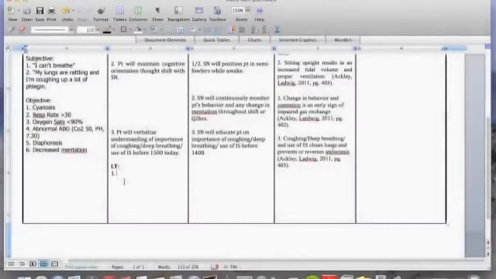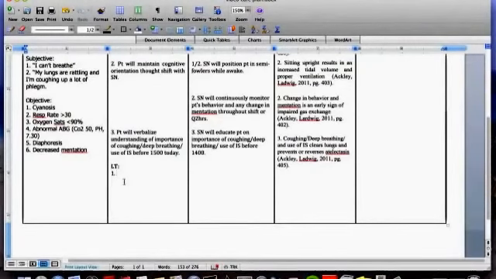Okay, so now let's do a long-term goal just for the sake of explaining it here. A long-term goal of mine might be patient will display signs and symptoms, you can use these abbreviations here, of adequate oxygenation. And again, we need to be specific, so we can't just say adequate oxygenation. Well, what does that mean?